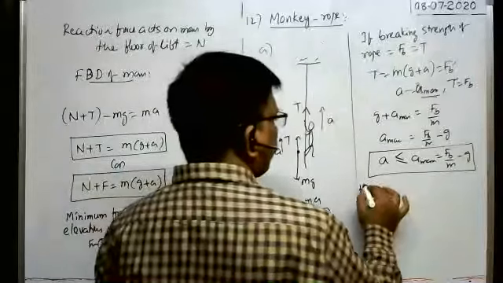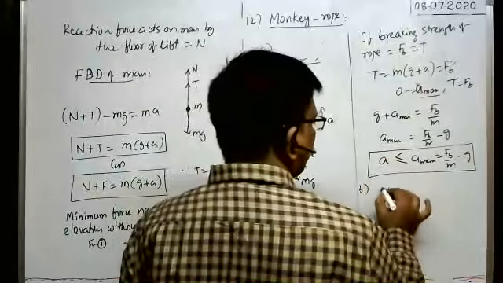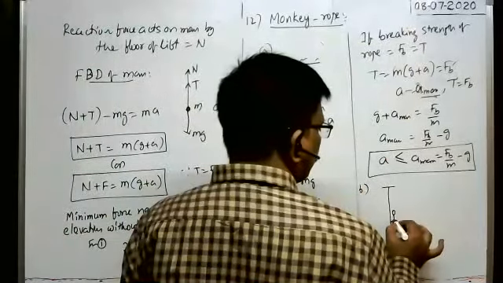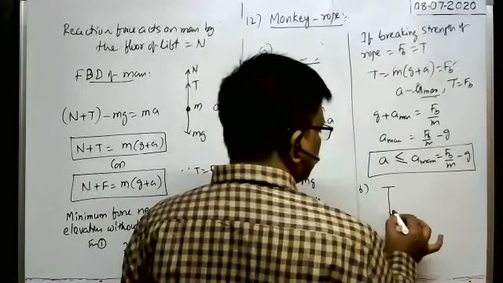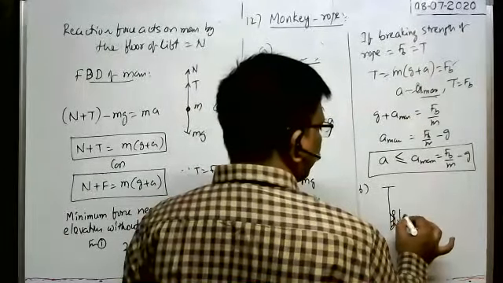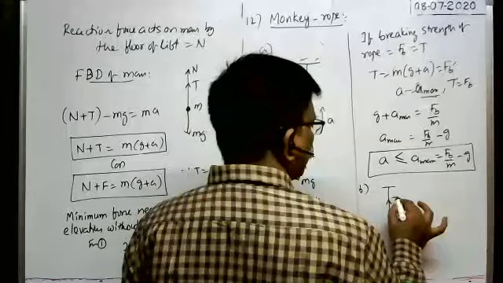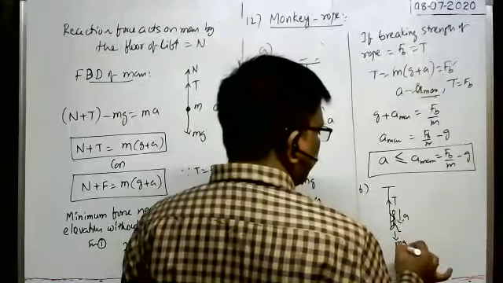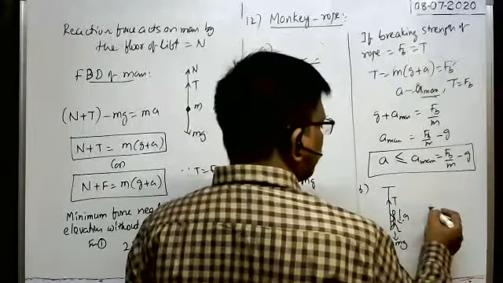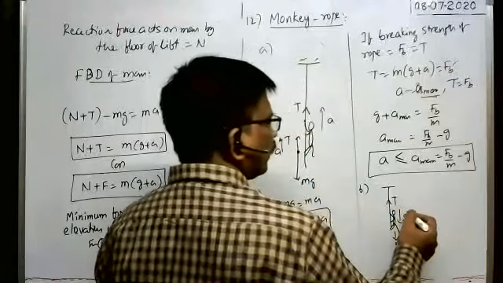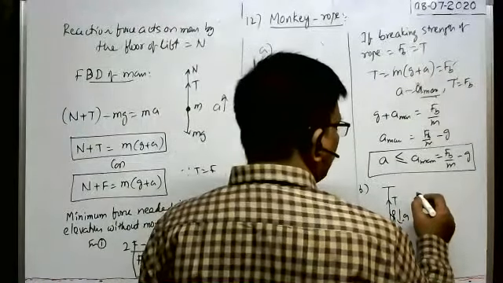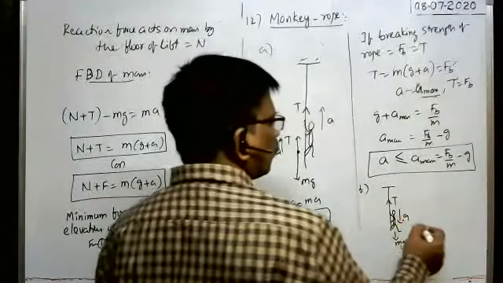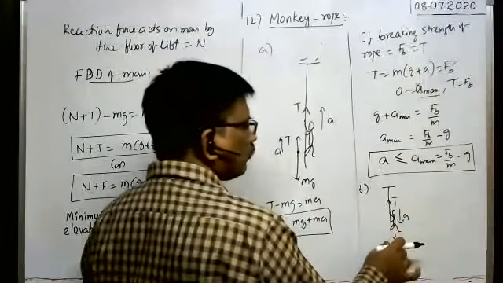Suppose the monkey comes down with an acceleration A. Of course tension is upwards and weight mg downwards. In such case mg is greater than T, no? So what is the tension in the rope whenever the monkey comes down with an acceleration A?